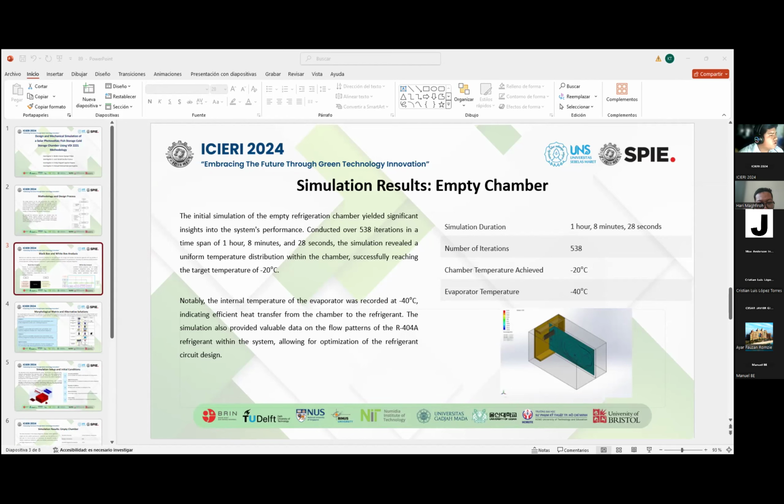The simulation also provided valuable data on the flow patterns of refrigerant within the system, allowing for optimization of the refrigerant circuit.